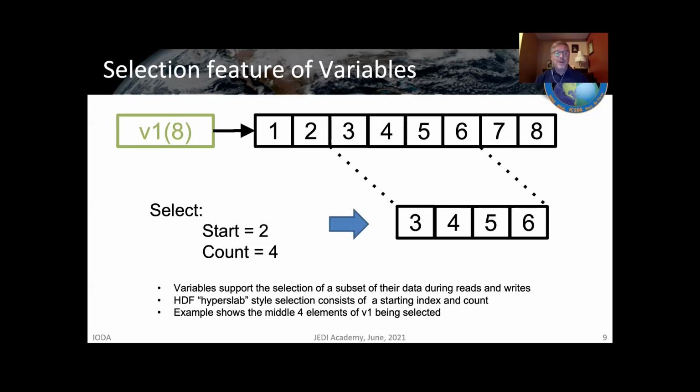This is called a hyperslab style selection in HDF terminology, so we've got that same terminology here. It's a way that you can pull out subsets of data out of a variable and do things more efficiently than pulling it out and then taking these things in your own code. You can just have the system do it.